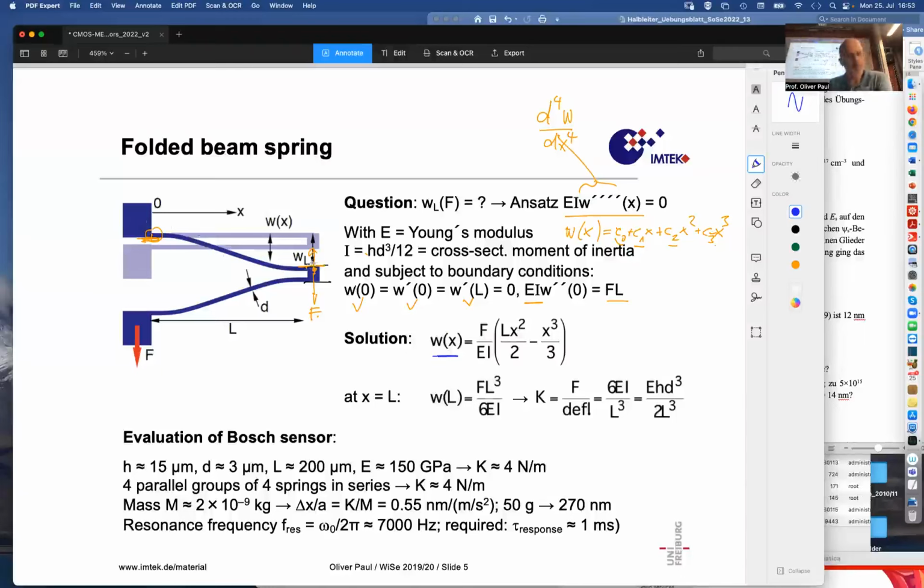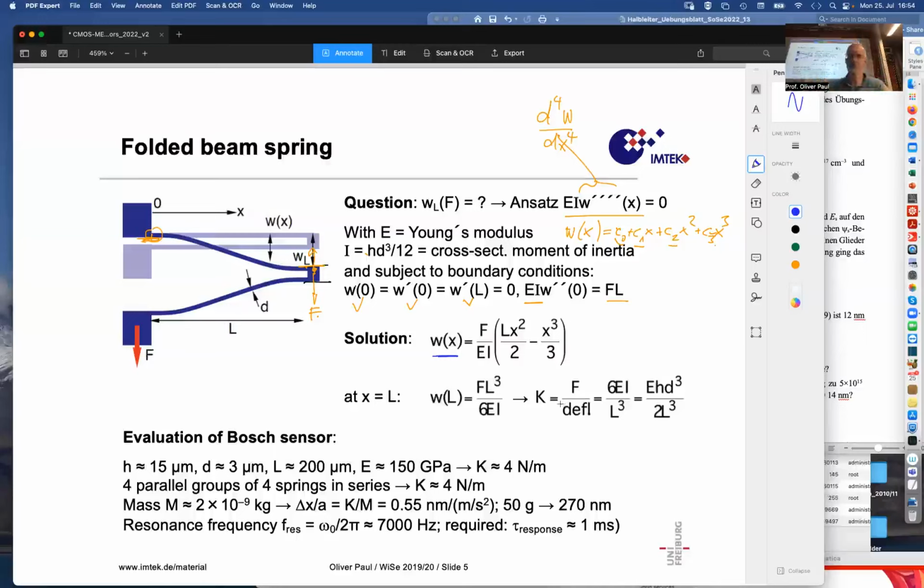As a consequence, we also have the deflection at the end. W at L is equal to F over EI multiplied by L times L squared, L cubed divided by 2 minus L cubed divided by 3. That's L cubed divided by 6. Half minus 1/3 is 1/6. So that's easy. Now we can calculate the spring constant of this thing. The spring constant is force per deflection.